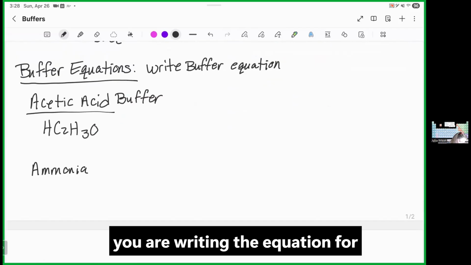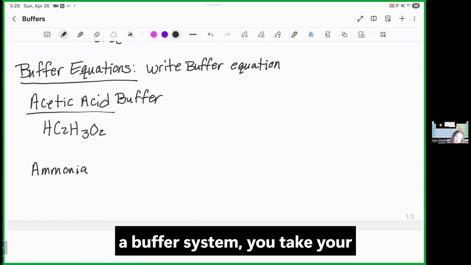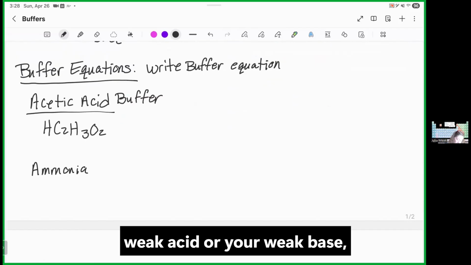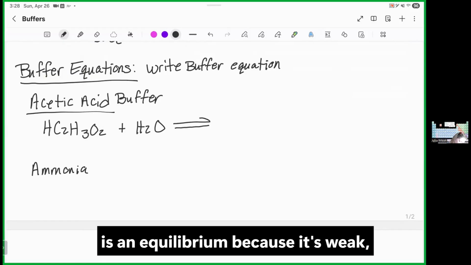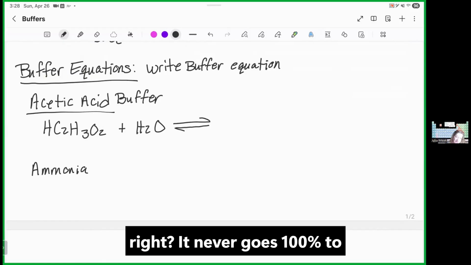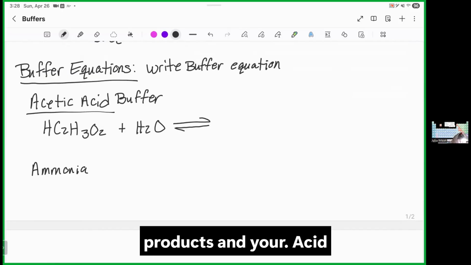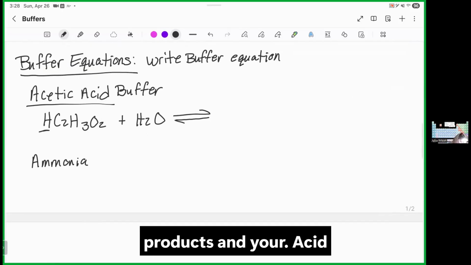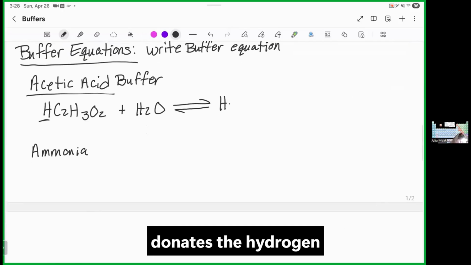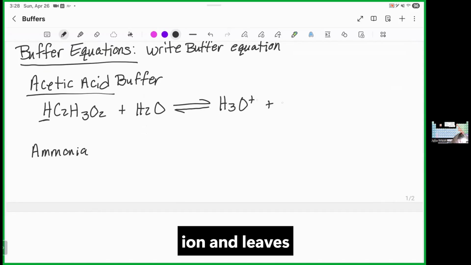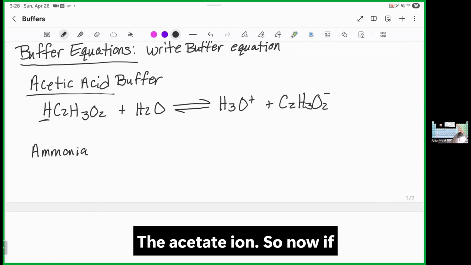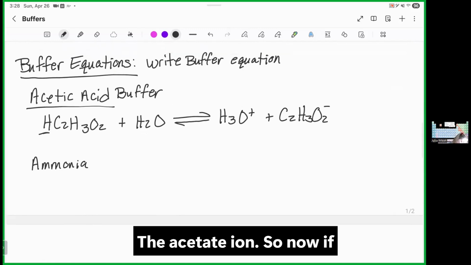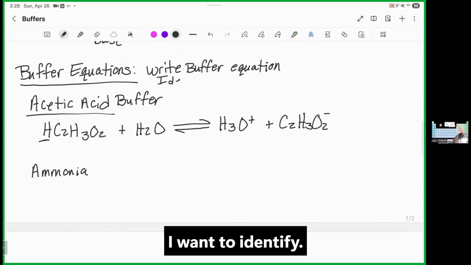Anytime you are writing the equation for a buffer system, you take your weak acid or your weak base, you put it into water. It is an equilibrium because it's weak, right? It never goes 100% to products. And your acid donates the hydrogen ion and leaves behind the acetate ion.